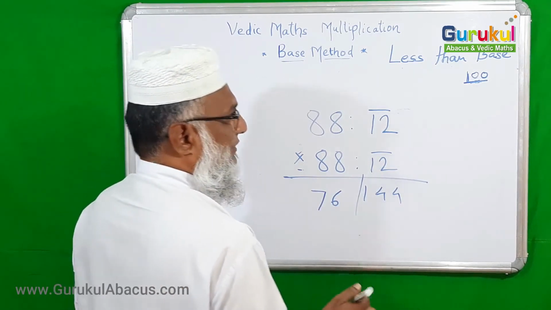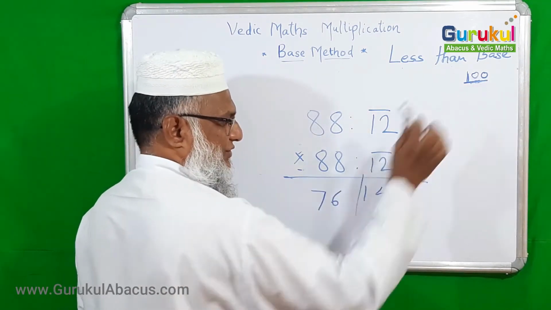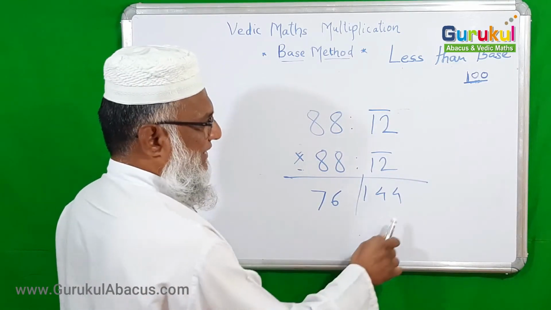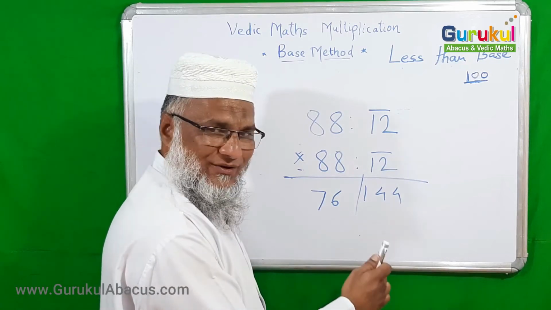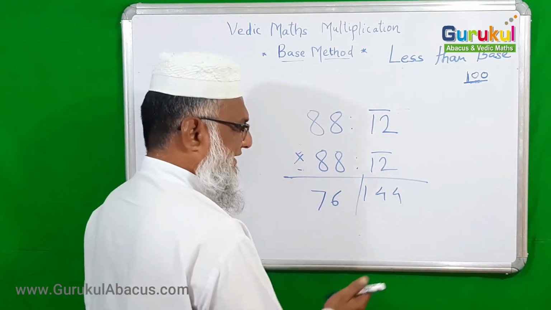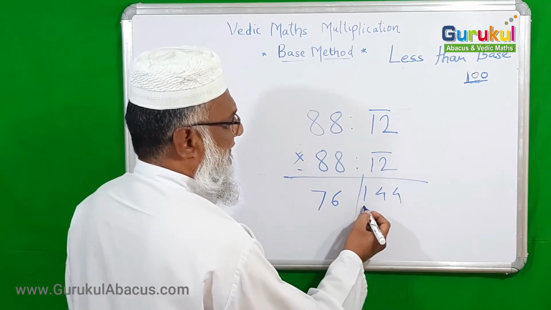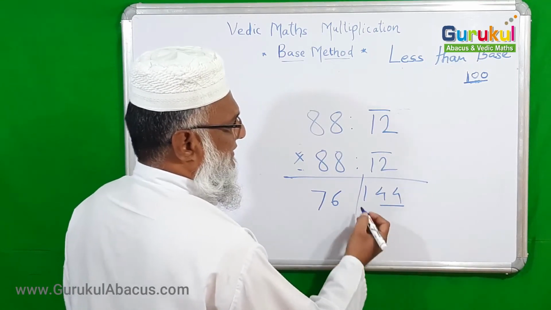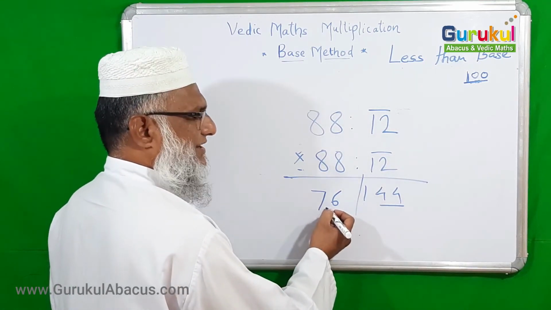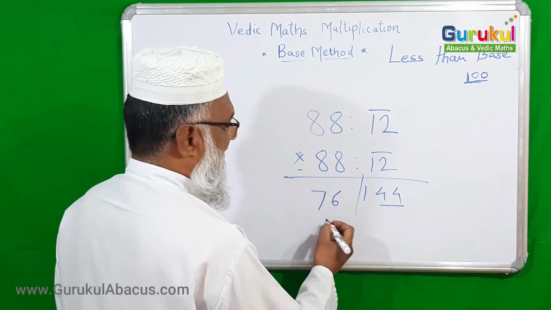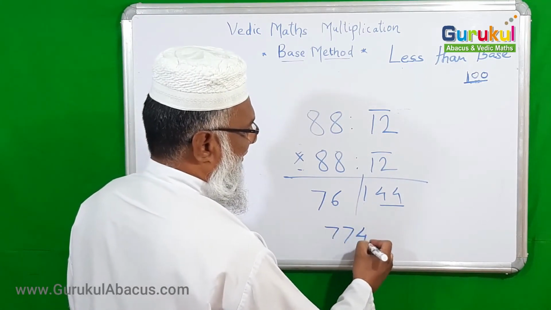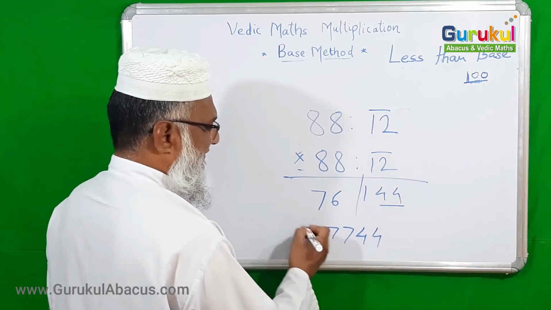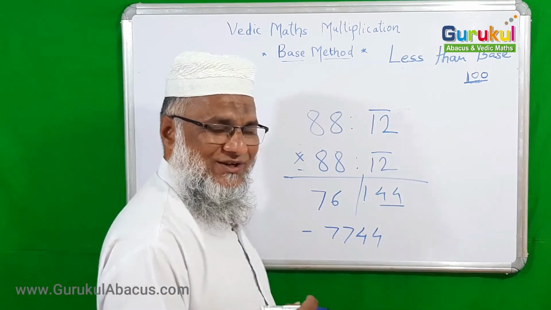Okay, here also in the base 2 zeros are there, and here we got a 3-digit answer on the right side. In this case our rule is what? We require only 2 digits, so the rest of the digit we have to transfer here. By transferring it is becoming 77, and taking this 44 down, the final answer we are getting is 7744.